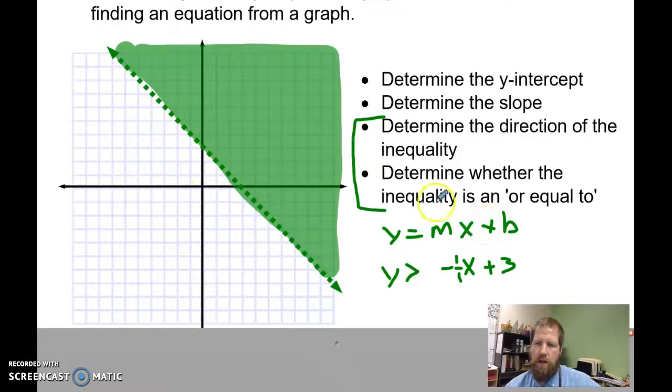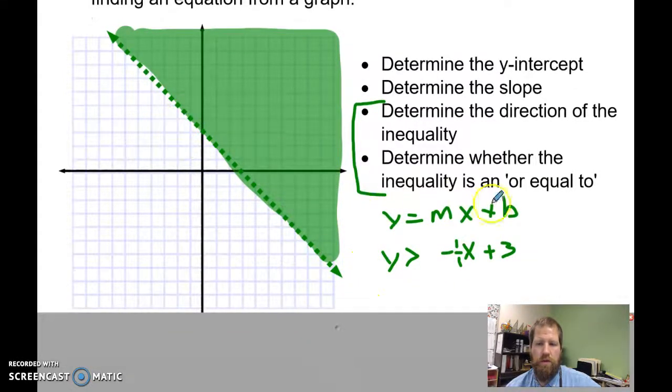And then we've got to figure out whether it's greater than or equal to, or just greater than. If it is greater than or equal to, or less than or equal to, we're going to have a solid line. Remember, when we did inequalities on the number line, if it was just greater than or less than, it was an open circle. Dotted line is the same as an open circle.